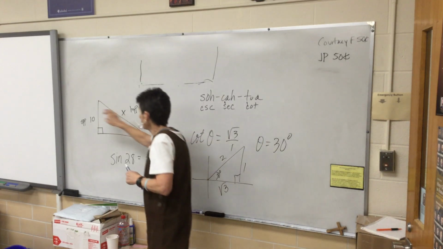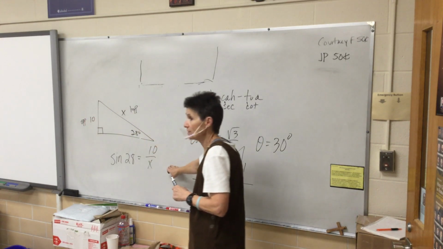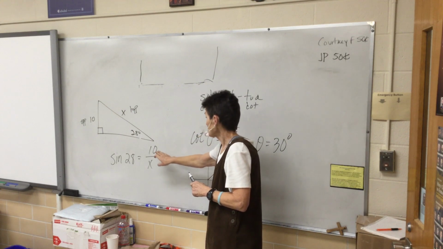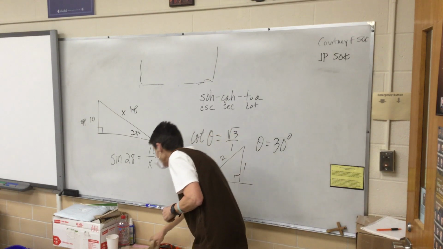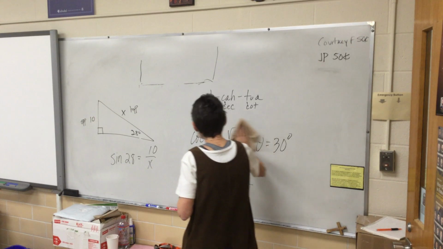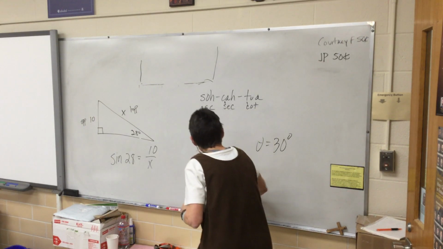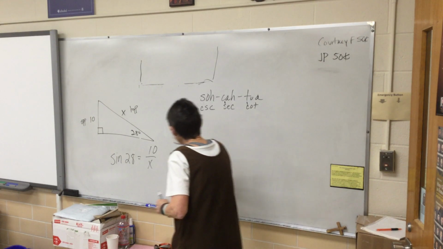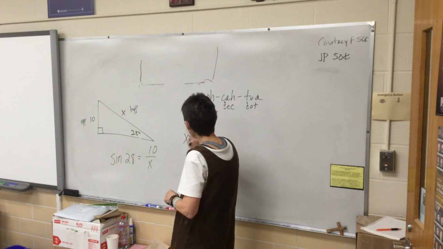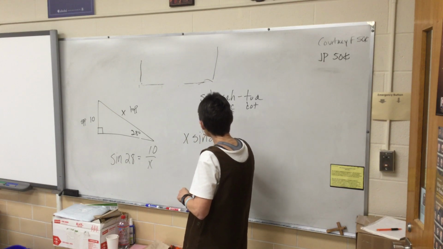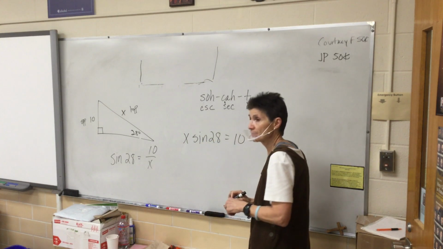Sine equals opposite over hypotenuse. So that's my equation. Now to solve it, I'll do what I regularly do. I'll multiply by x. So I have x sine 28 equals 10.